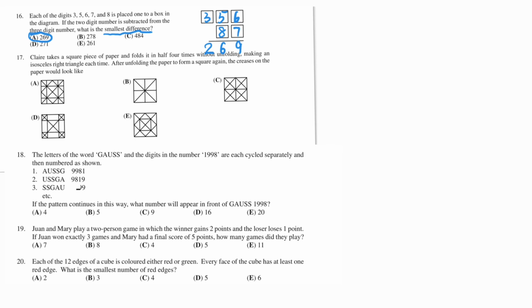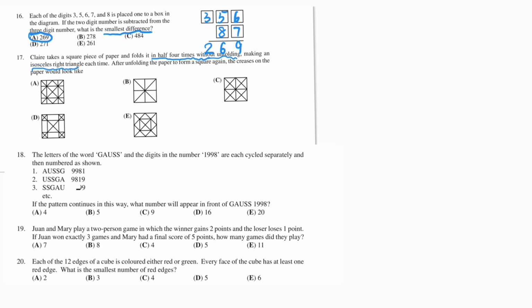Number 17. Claire takes a square piece of paper and folds it in half 4 times without unfolding, making an isosceles right triangle each time. After unfolding the paper to form a square again, the creases on the paper would look like?